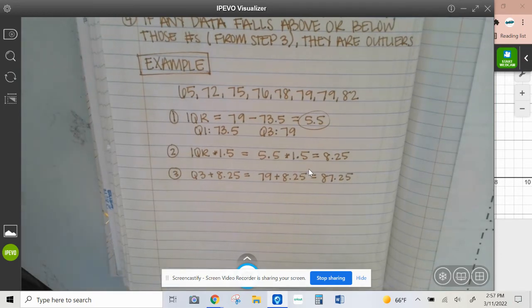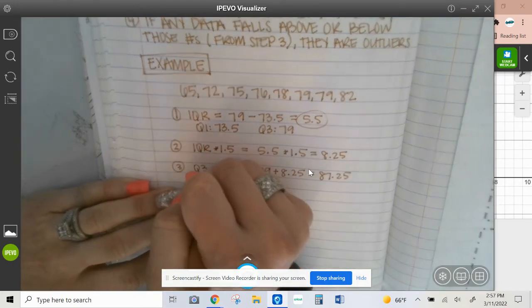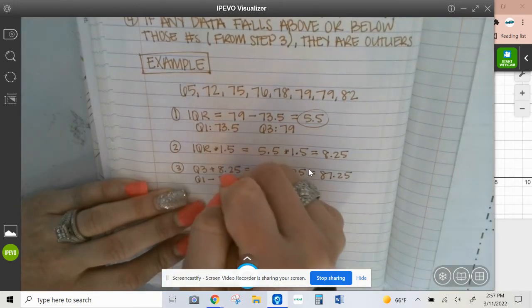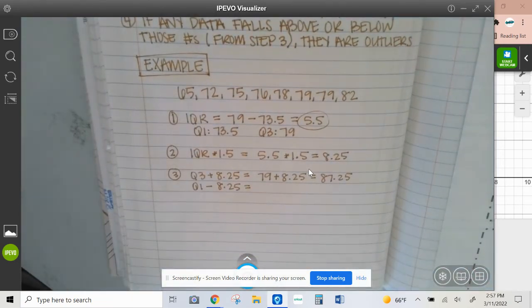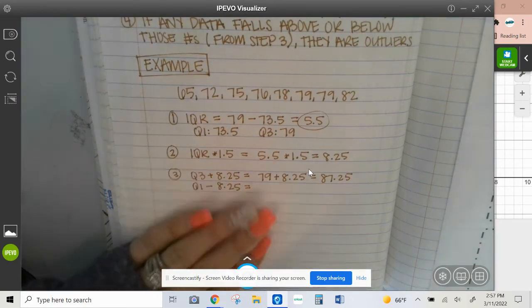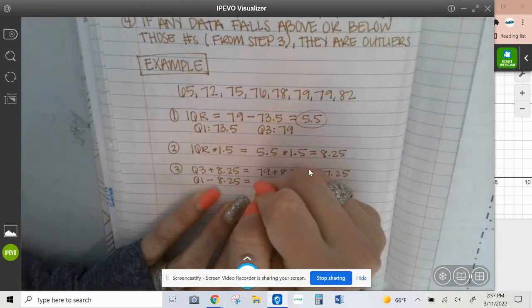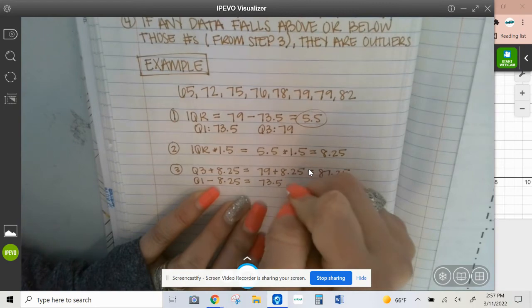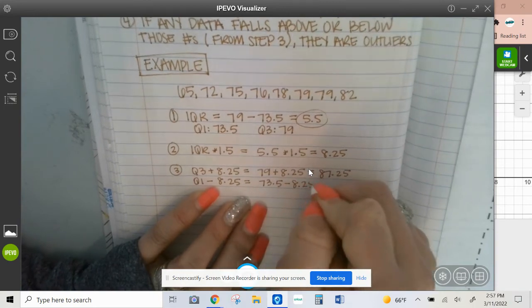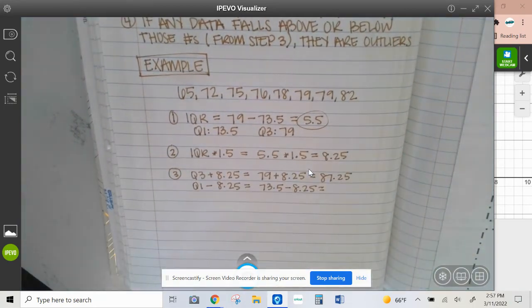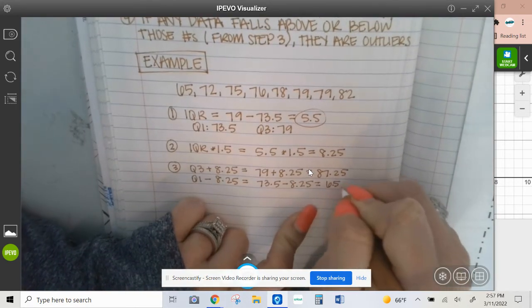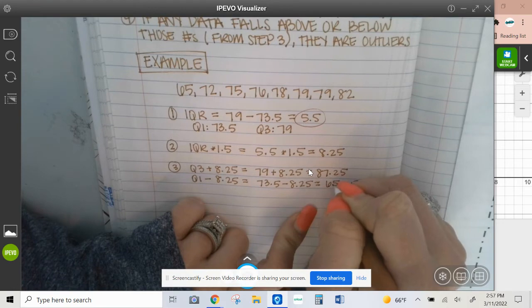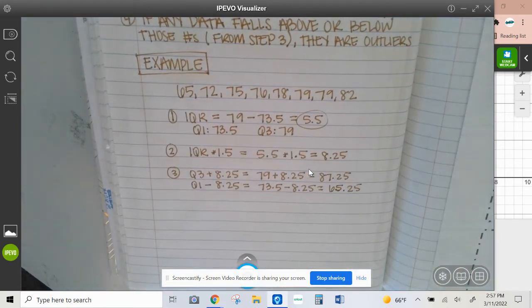And then we're going to subtract 8.25 from my quartile 1, because we're finding the upper bound and the lower bound, basically. So quartile 1 was 73.5, and we're subtracting 8.25. When we do that, we get 65.25.